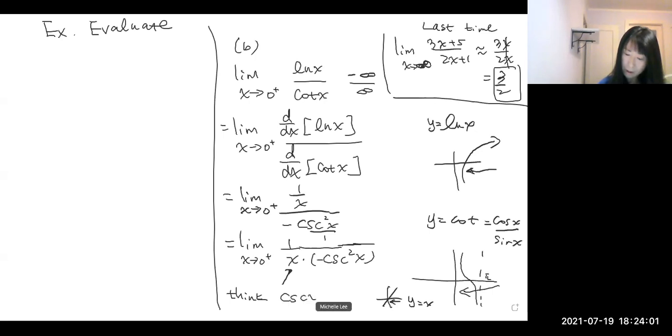Cosecant x is the same as 1 over sine x, right?